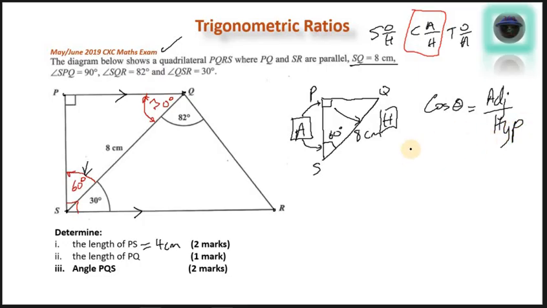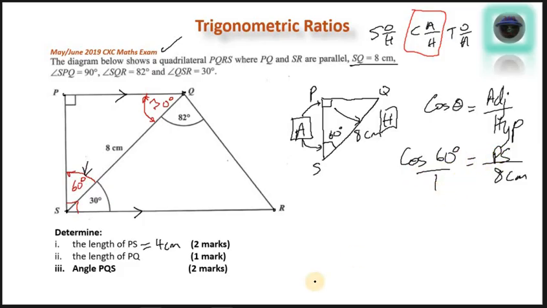All right, and so cosine of the acute angle, now we're looking at 60 degrees, equals the adjacent, which is PS, or we could use x for PS if we want to. And the hypotenuse is 8 centimeters.